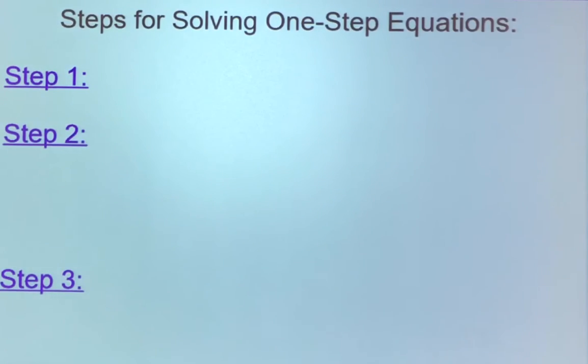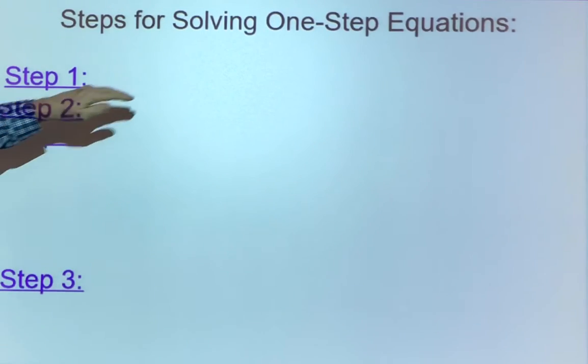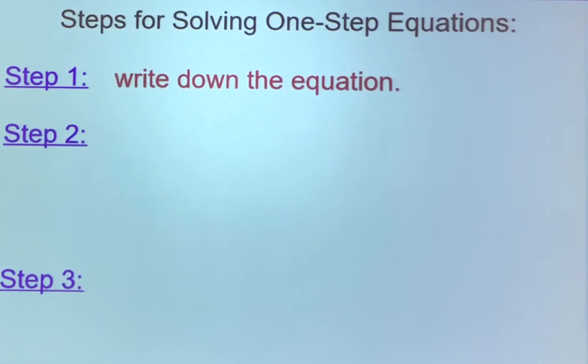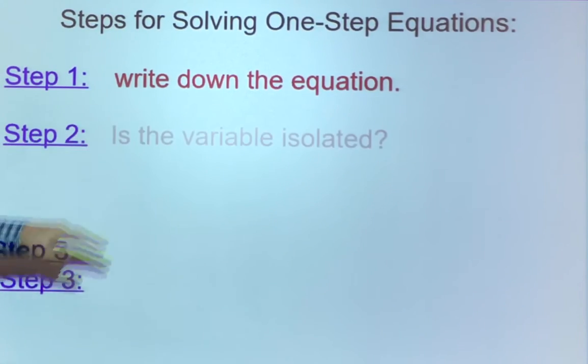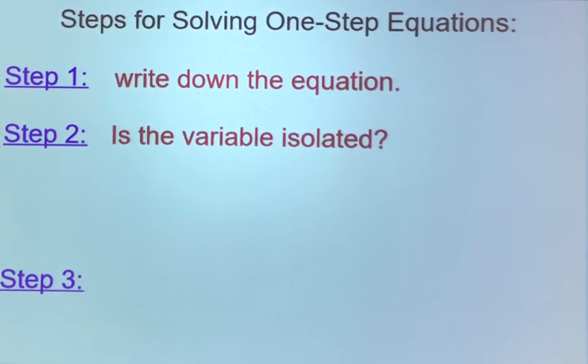Let's talk about the steps for solving an equation. The first step to solve any equation is to write the equation down. Step number 2, you need to ask yourself a question. Is the variable isolated? And remember, by isolated we mean, is it on one side of the equation all by itself?